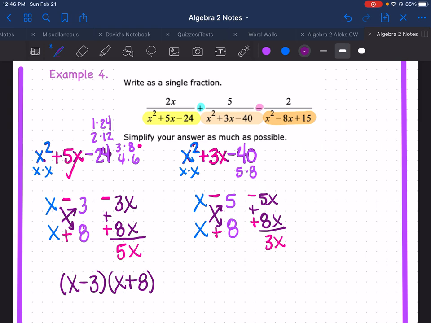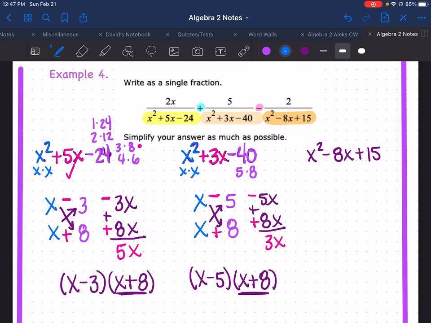Here is our next set. And then let's stop and take a look at what's the same. What's the same between these two? Well, I've got this and I've got this, right? Those two are the same. So I know for sure x plus 8 is going into my LCD, but only once. All right, we have one last one to factor. Oh my gosh.